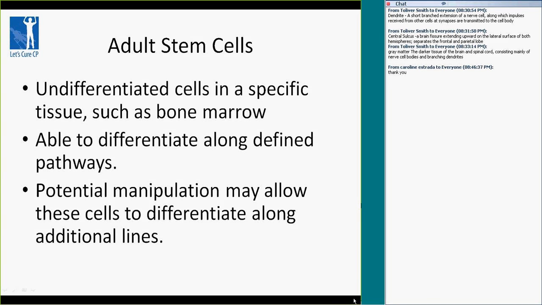And manipulation might allow differentiation into other lines. For example, we've demonstrated, with our colleagues, that we can get bone marrow-derived cells to turn into neurons. Next slide, please.